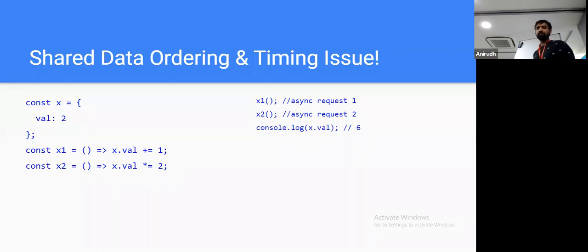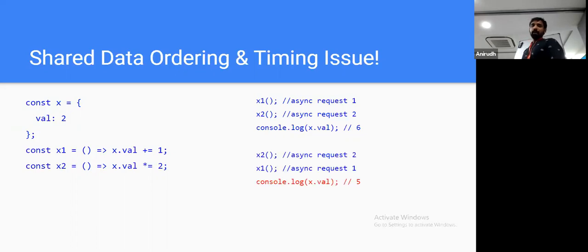So this is a fairly simple problem. But what happens if async request 2 is received before async request 1? That will basically change your output. Many times, if you make two simultaneous API calls, the second API call response might get executed first.